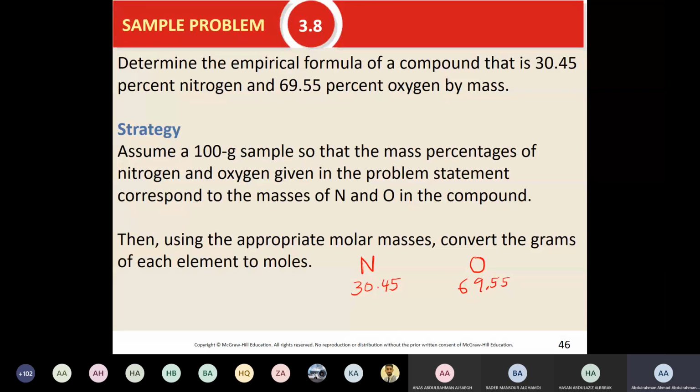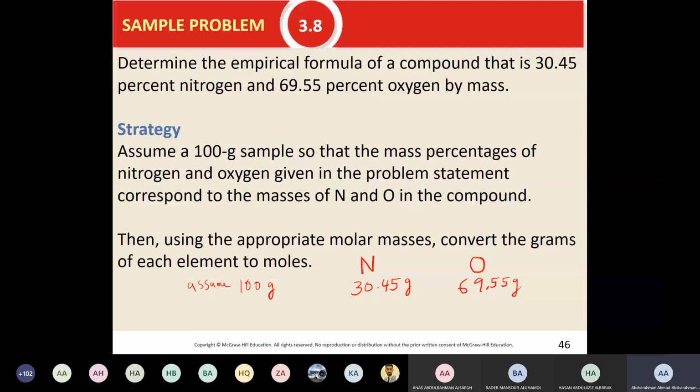If we assume 100 gram, then you have 30.45 gram nitrogen and 69.55 gram oxygen.